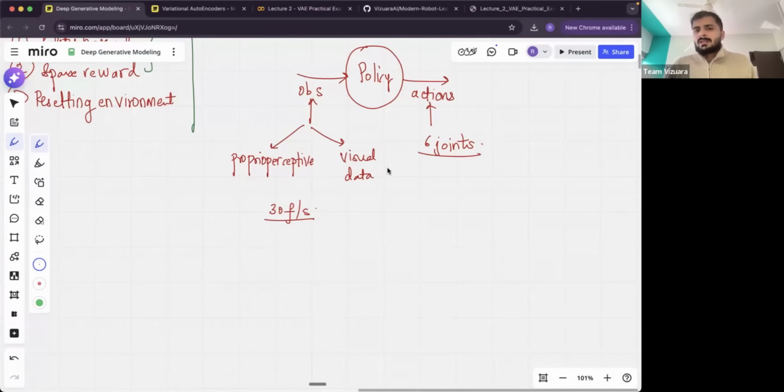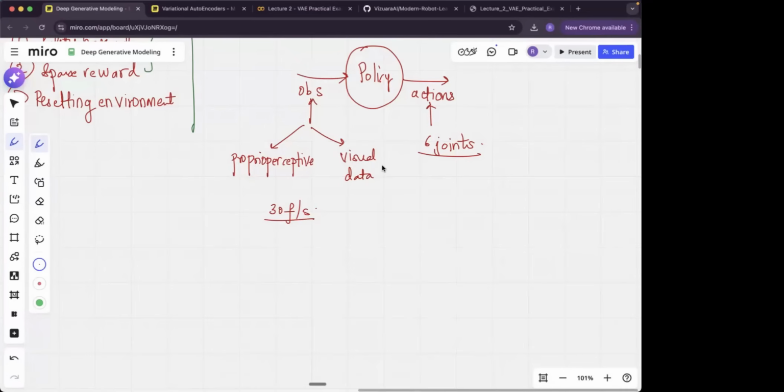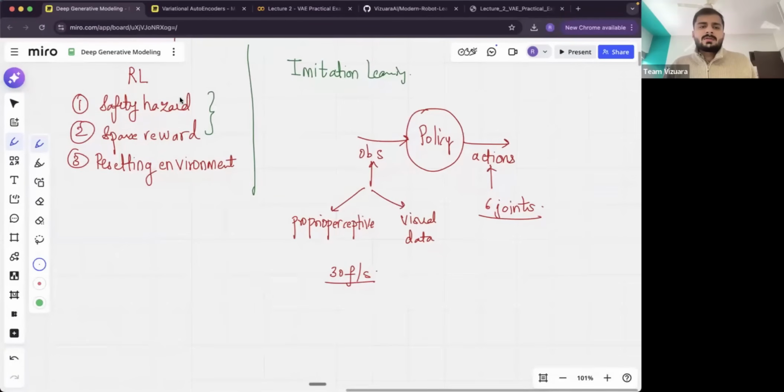Okay, so now this is the main technique of imitation learning, and it solves these issues because you don't start randomly, but you ask humans to record a bunch of trajectories, and humans are not going to start with some random actions. These are expert humans. So we took the example of pouring milk in a coffee. So you are going to start with proper demonstrations, and the reward is implicit within the demonstration itself.